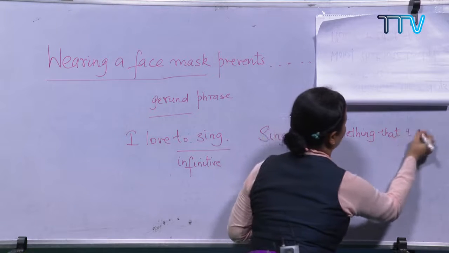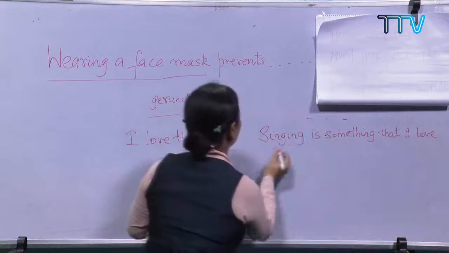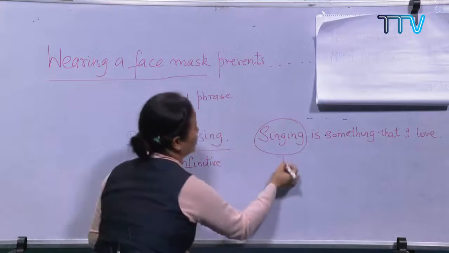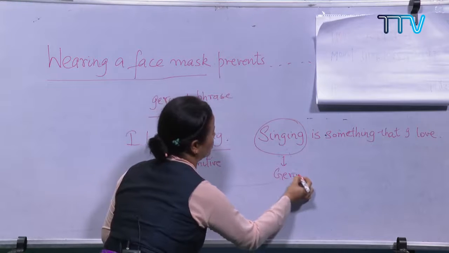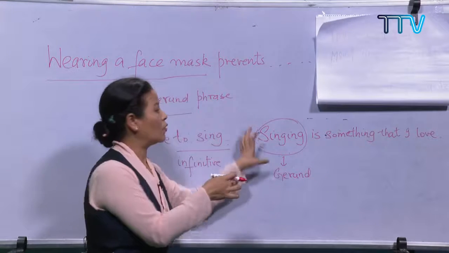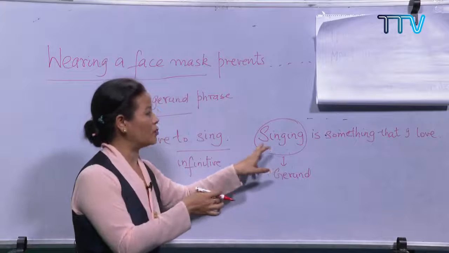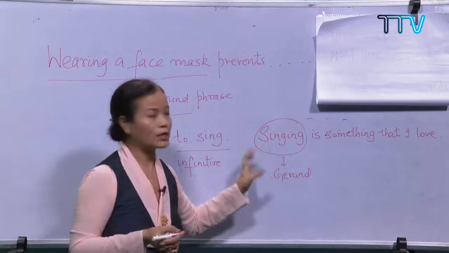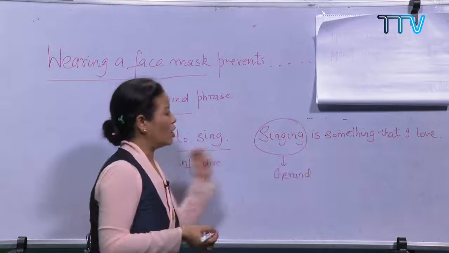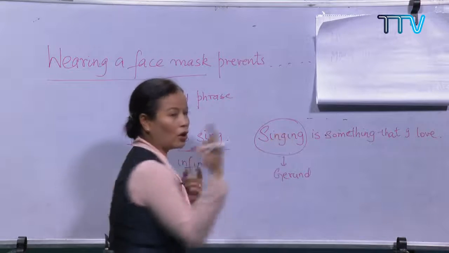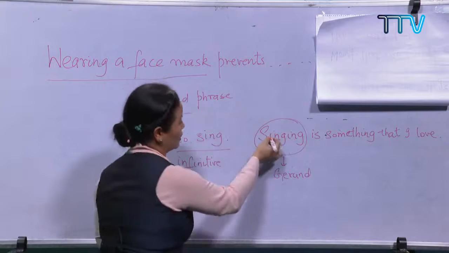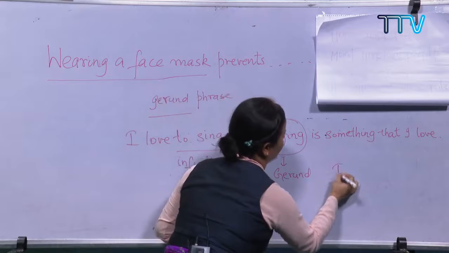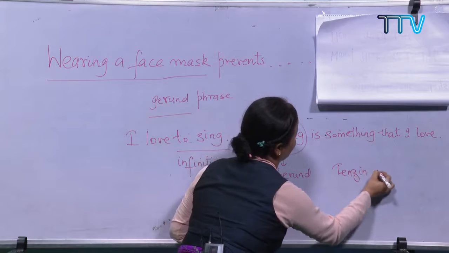Something that I love. So here the word singing is a gerund. This is an activity. It looks like a verb, but it's actually performing the function of a noun, right? Singing is something that I love, or singing is my hobby, you can say. Or if I change the same thing in another way, Tenzin is singing.